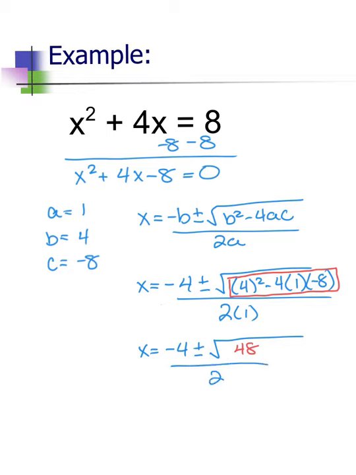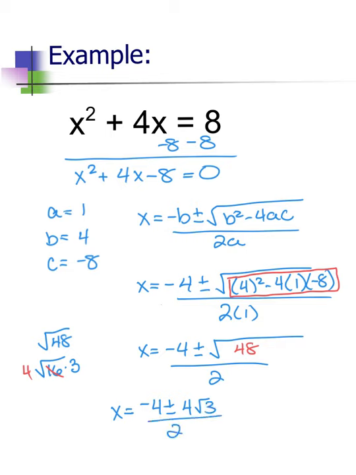Once again, because I have a radical 48, we're going to try to simplify it. So off to the side here, factors of 48. Hopefully we pick 16 times 3. The square root of 16 is 4. So I can rewrite this as x equals -4 plus or minus 4 radical 3 over 2.